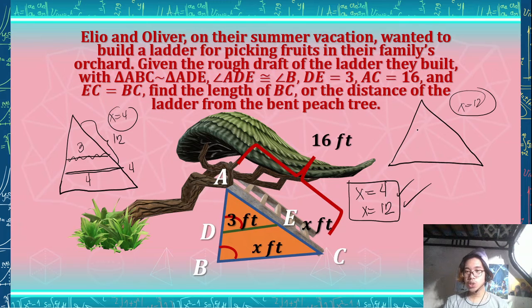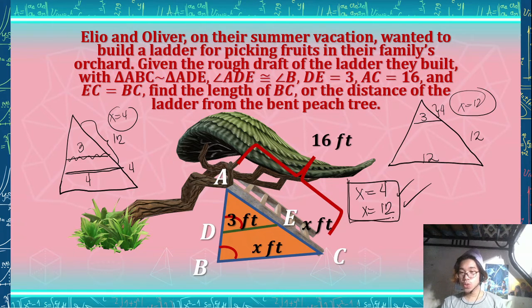Another illustration would be that this would be 3. If x is equal to 12, so this is going to be 12, and this is going to be 12, and this is going to be 4. So that's another illustration of the problem.